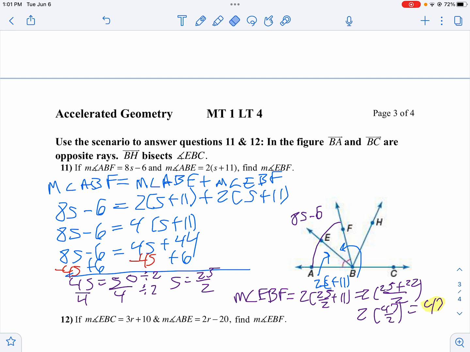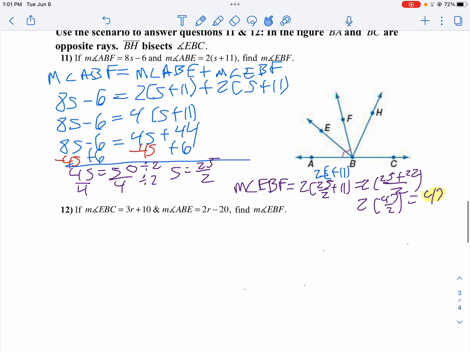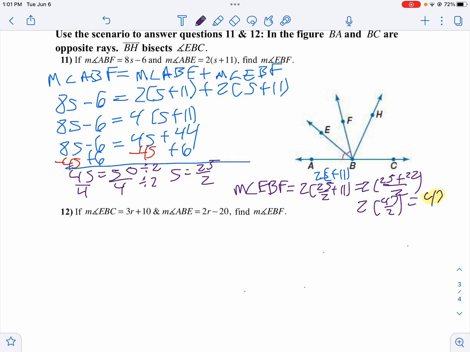Now, I'm going to use the same diagram here. So I'm going to erase my work from the previous question. And I'm going to start here. I know EBC is 3R plus 10. And I know ABE is 2R minus 20.